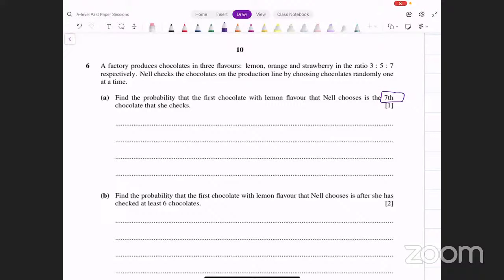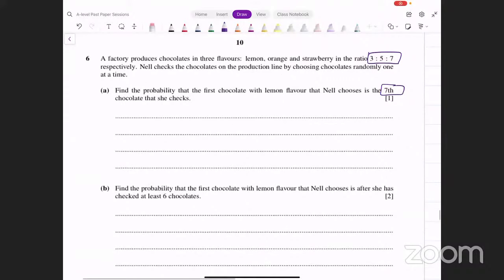This is the ratio, 3:5:7. Now, when you're thinking about probabilities, remember, it's a production line जिसके ऊपर बहुत सारी chocolates हैं. So you can basically think of these chocolates as a very large number. So अगर आप एक chocolate निकालते भी हैं, it doesn't really have a lot of impact.